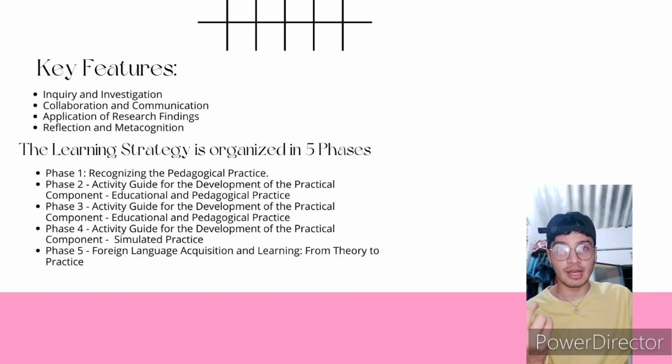Phase 2, activity guide for the development of the practical component, educational and pedagogical practice. Phase 3, activity guide for the development of the practical component, educational and pedagogical practice. Phase 4, activity guide for the development of the practical component, simulated practice. Phase 5, foreign language acquisition and learning from theory to practice.